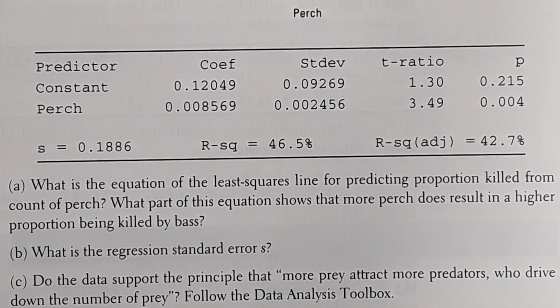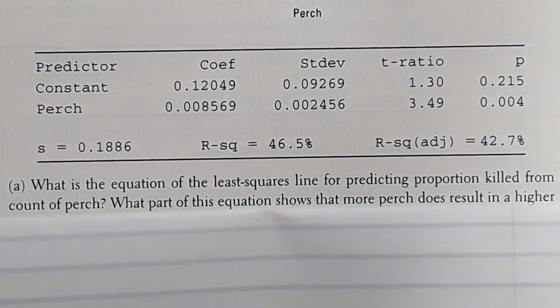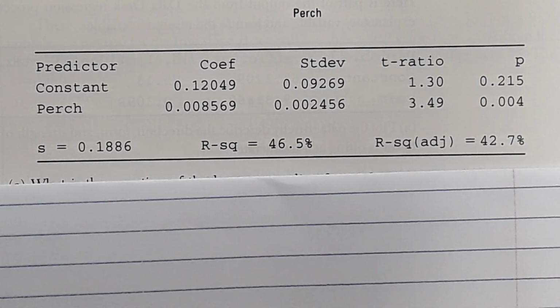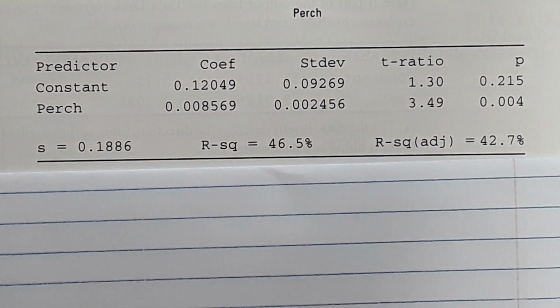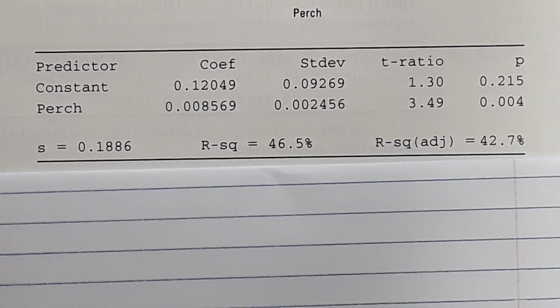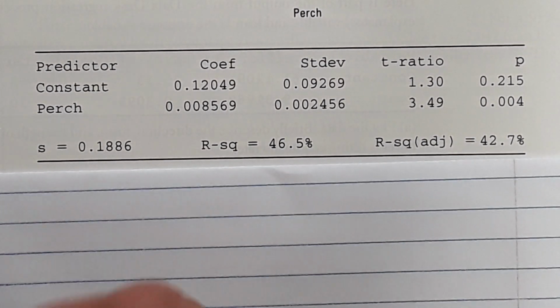Okay, so let's start with the first thing. Let's start with the least squares regression line. So what would the least squares regression line be? Let's just start with the basics, without context of the problem. So what would you write? Without context of the problem right now, how would you write it?